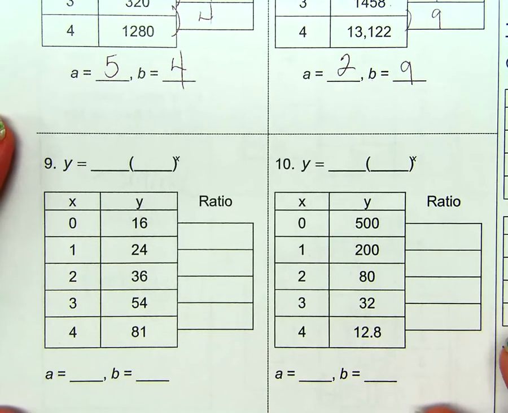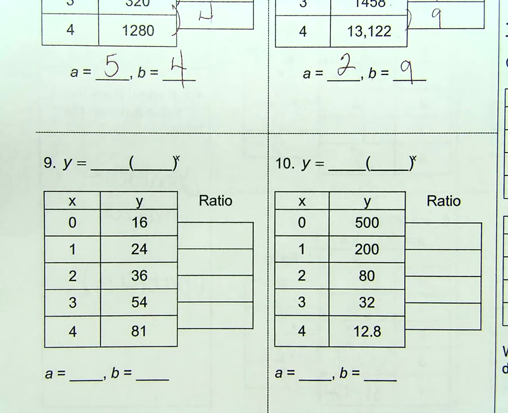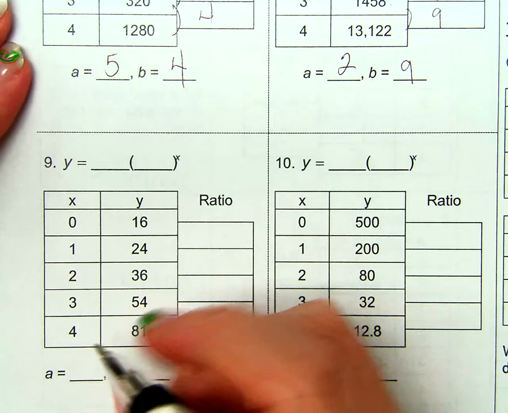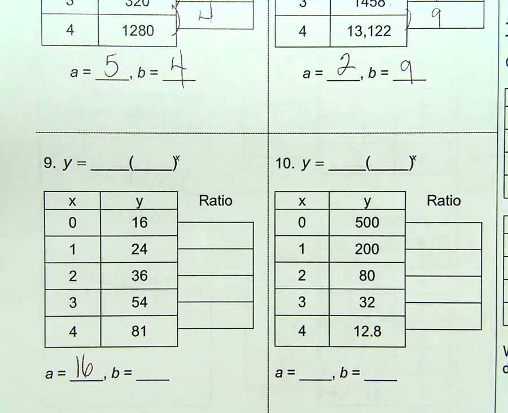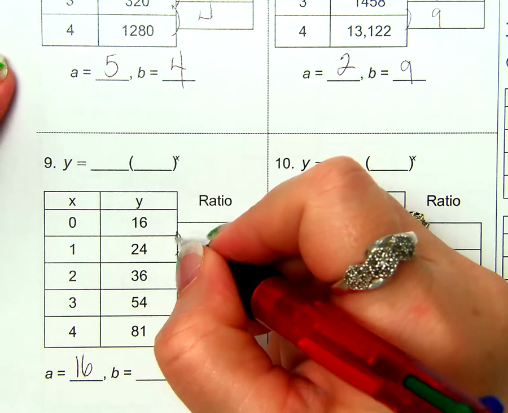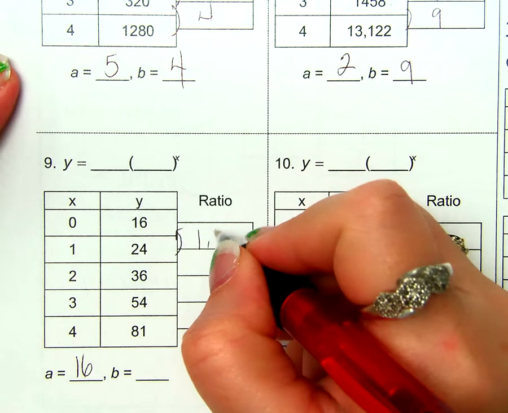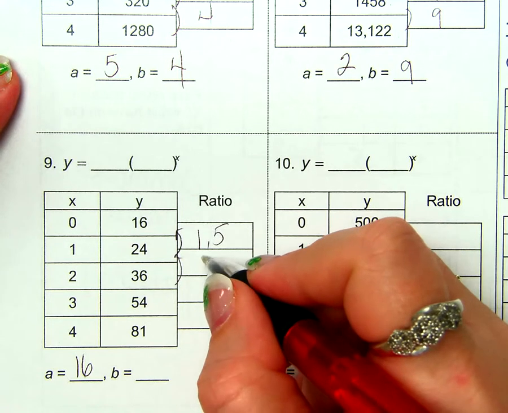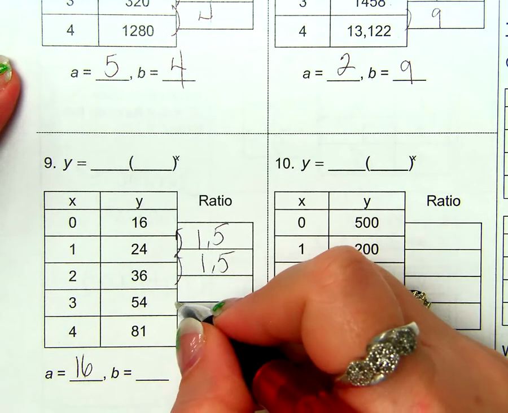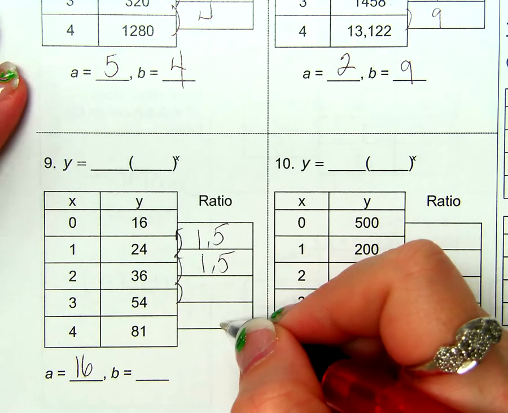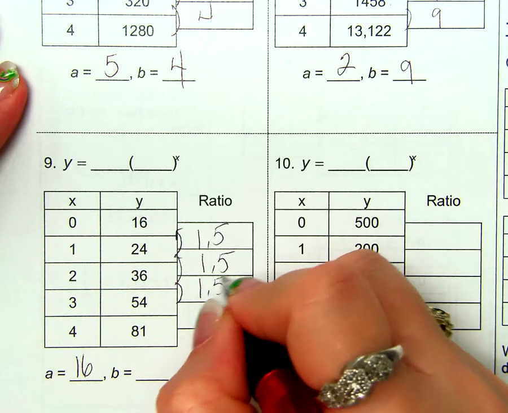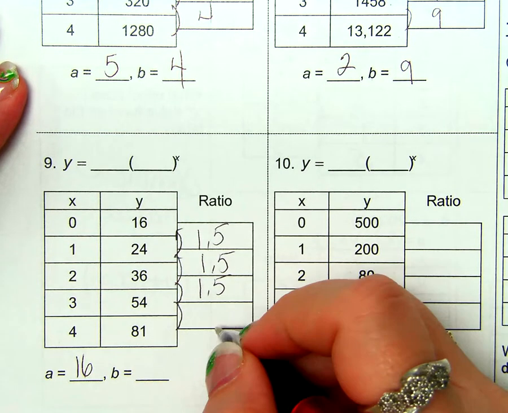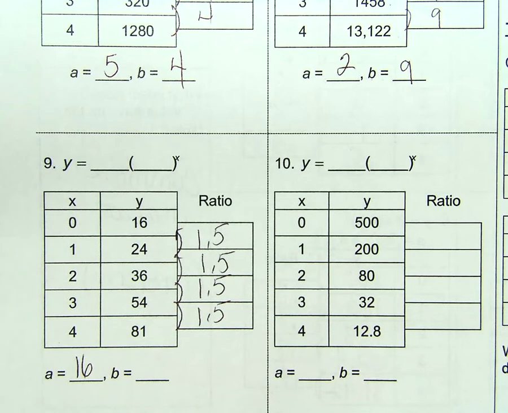I'm going to try to trick you now. What do you know? A equals 16. B? 24 divided by 16, 1.5. 36 divided by 24, 1.5. 54 divided by 36, 1.5. 81 divided by 54, 1.5.